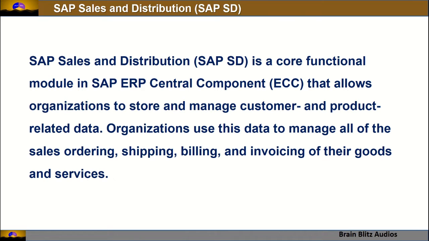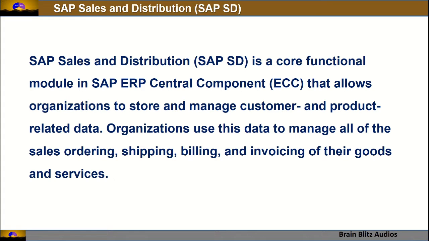SAP Sales and Distribution is a core functional module in SAP ERP Central Component. Normally we segregate between core and non-core modules, which means core modules refer to the core business of a company.